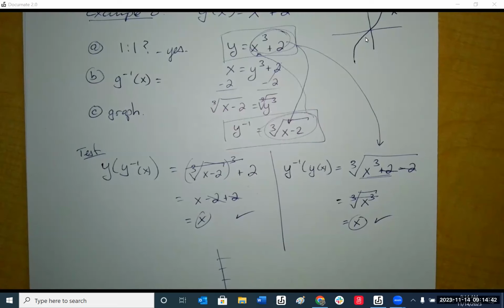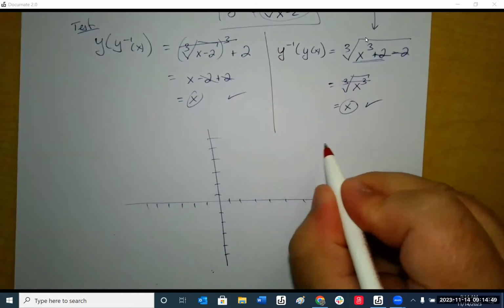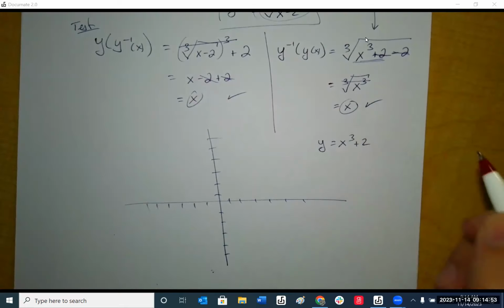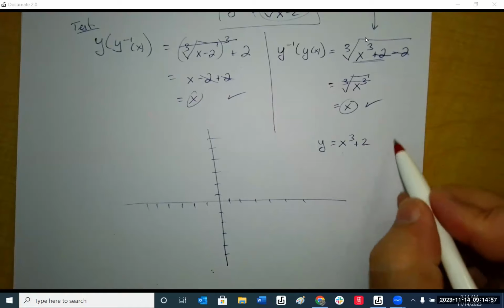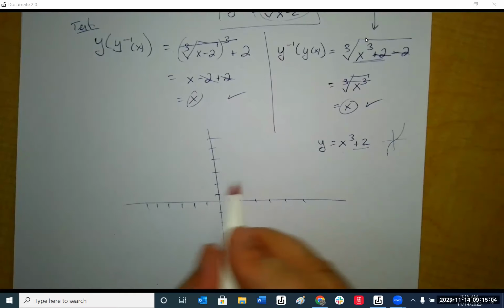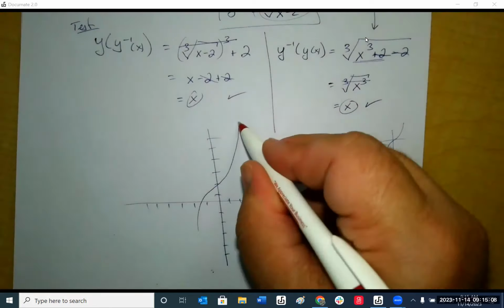Let's go ahead and graph them now. Y is x cubed plus 2. Remember, the x cubed function is like this. It's a vertical shift of 2, so it goes like this.